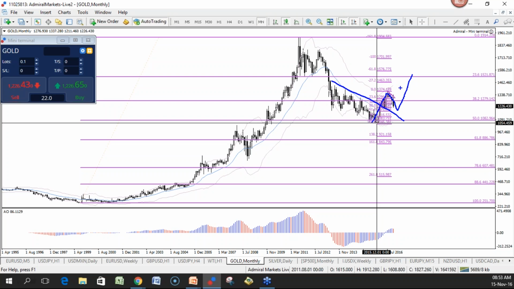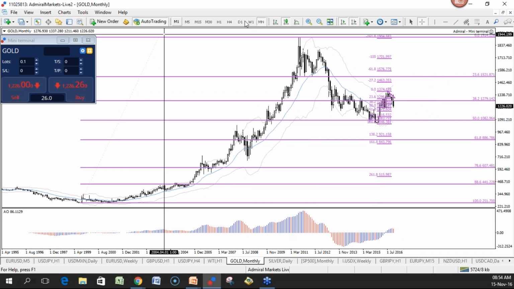Now, if it's an ABC, then I expect the minus 272 target, the minus 61.8 target to be resistance. And who knows? Just from a technical point of view, it could make a move down like that. There could be a triangle eventually like this. Also, very, very possible. All right, so regarding the target, conservative targets 1460, 1500, 1575. Aggressive targets above that.